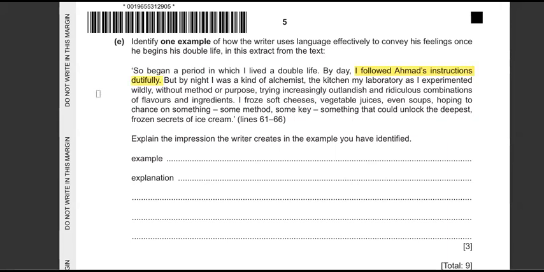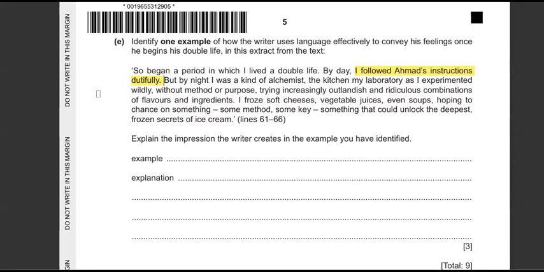So here the writer is trying to convey the impression, or in your explanation you can say that the narrator became obedient to Ahmad. By using simple sentence structure, the writer is conveying the simple idea that despite all the conflicts and disagreements the narrator previously had with Ahmad, now he has understood what his duty is and what he should do.